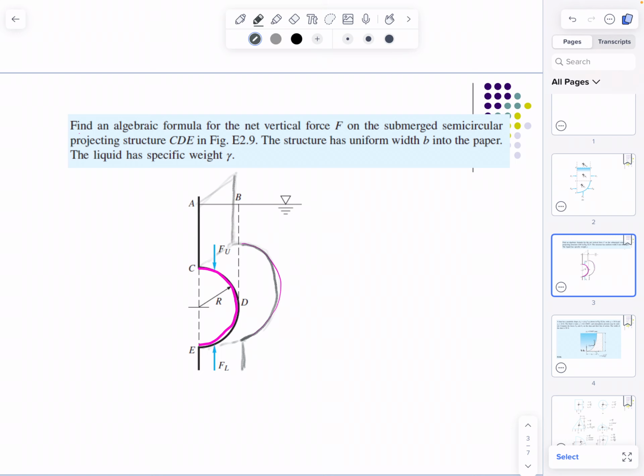It seems like a bump here, and that's the surface, and your B is here, right? Its depth into the water or out of the water is your B. And right now it's asking for the vertical force on this board, right? CDE here.